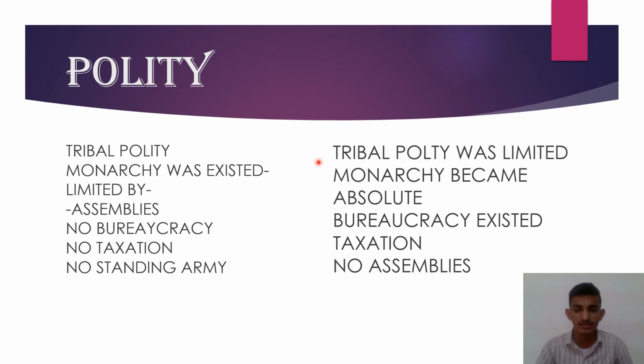Here the tribal polity was limited, and the monarchy became absolute. The bureaucracy started to emerge, and tax became mandatory, and the Bali was made compulsory, and even a tax named Bhaga was collected, and there were no assemblies during this later Vedic age.